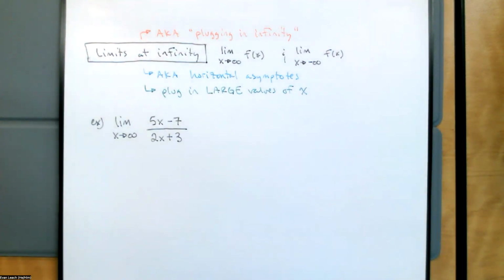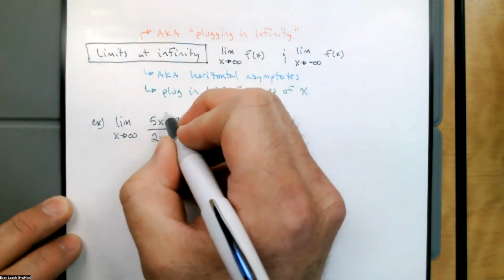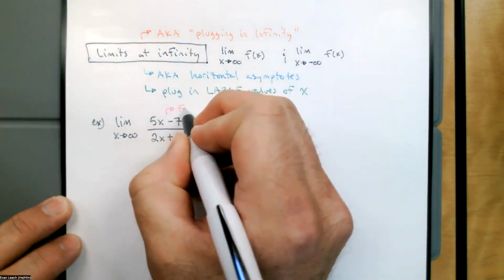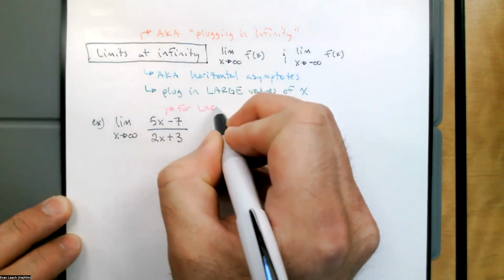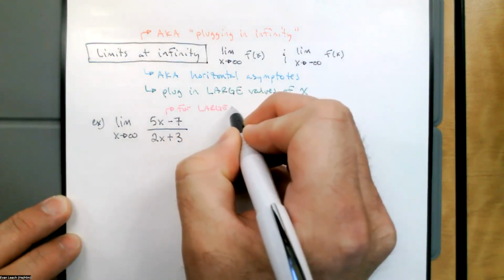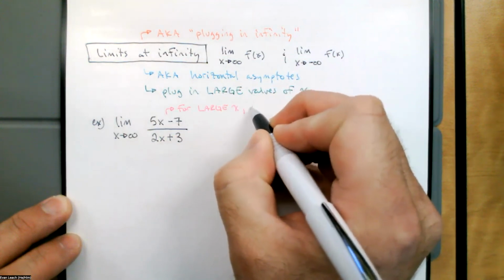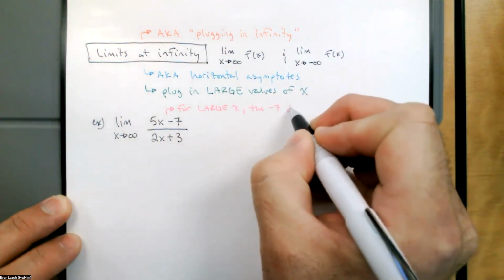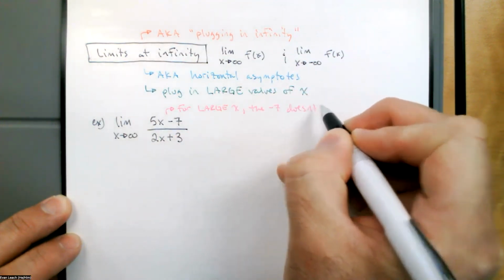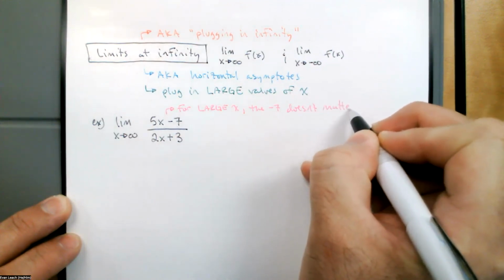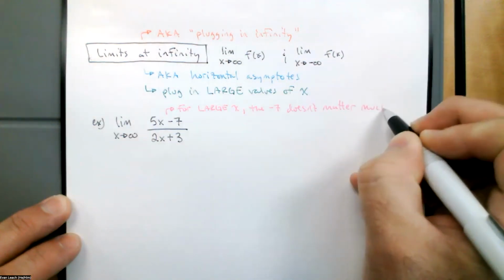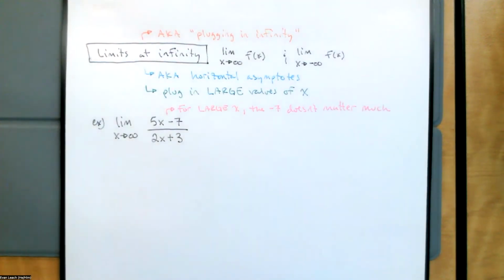For large values of x, the minus 7 doesn't matter very much.